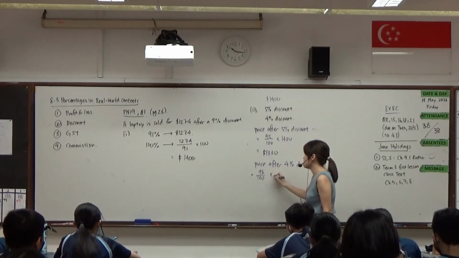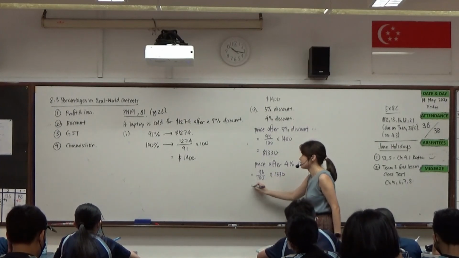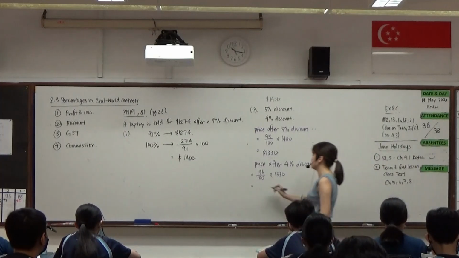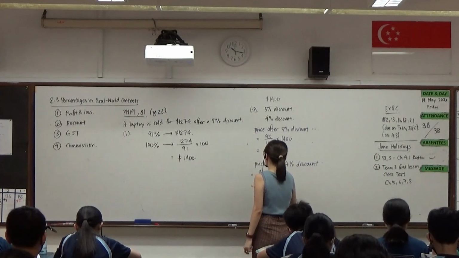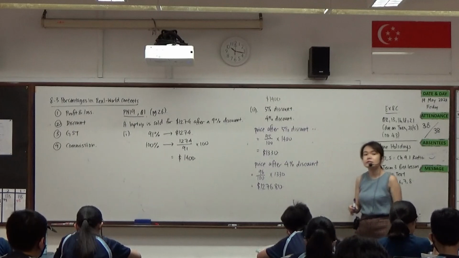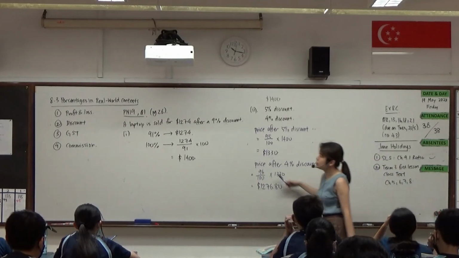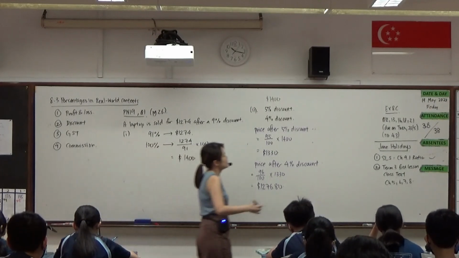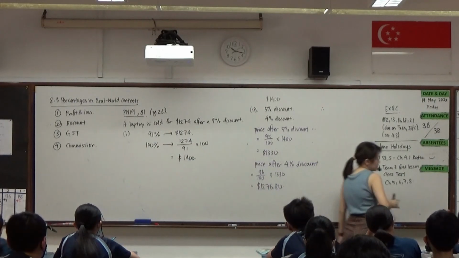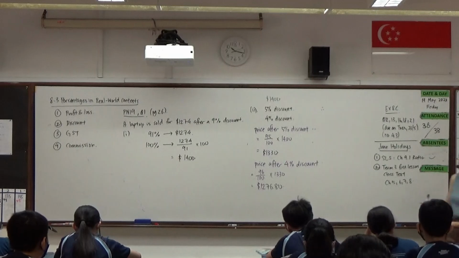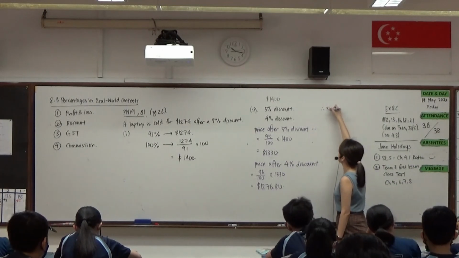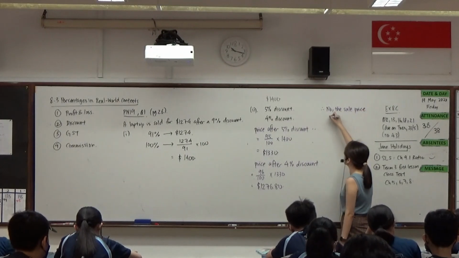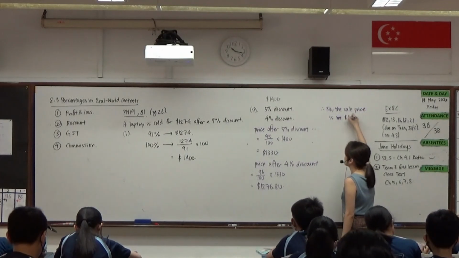So 96% of 1330 will give us 1276.80. Okay, so clearly from our calculation, we see that it is different from our 1274. So we conclude that no, the sale price is not 1274.